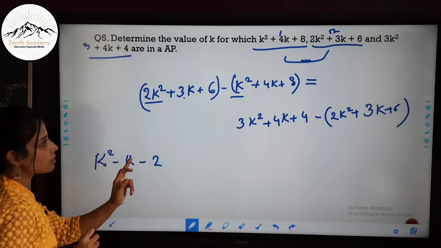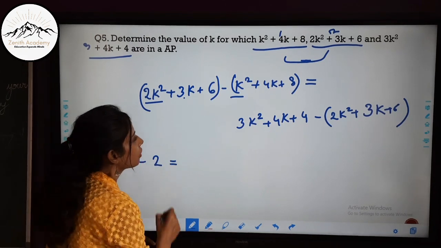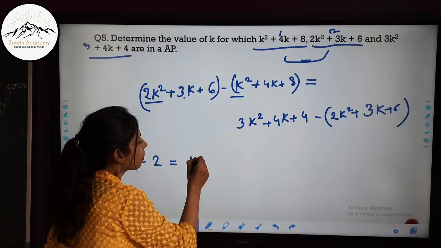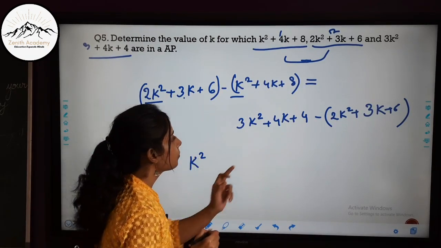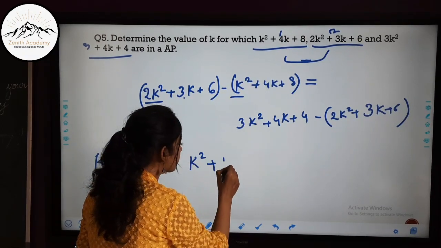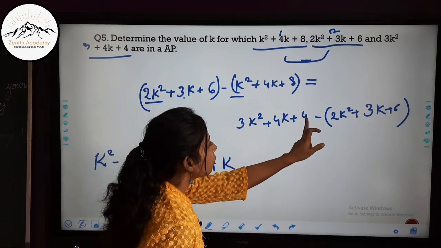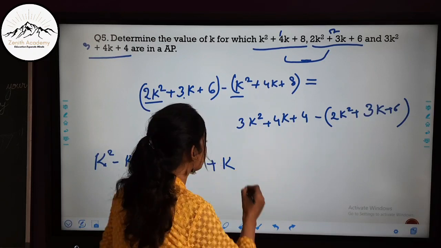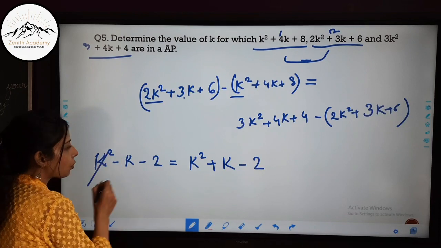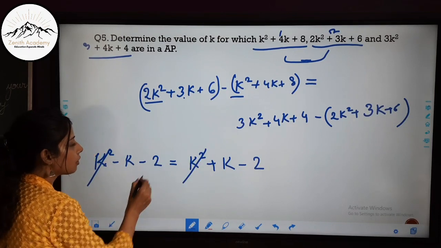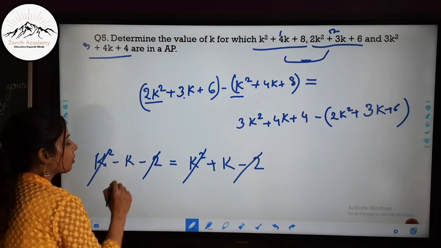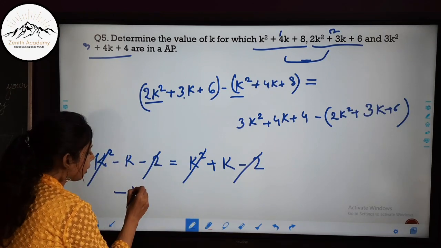So k square minus k minus 2 will be equal to 3k square minus 2k square is equal to k square, plus 4k minus 3k will give us plus k, and 4 minus 6 will give us minus 2. k square and k square get cancelled, minus 2 and minus 2 get cancelled, minus k.